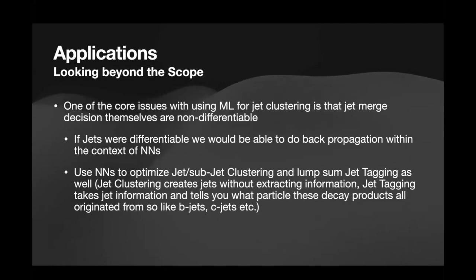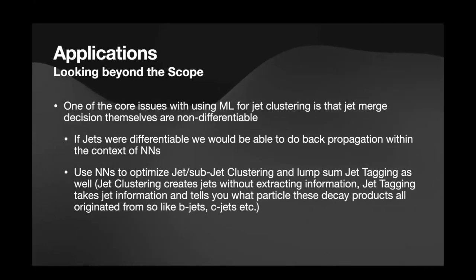If we did have differentiable jets, you could do backpropagation, especially in the context of neural networks, right? Currently we have machine learning algorithms for jet tagging, but you can lump jet tagging together with subjet clustering, right? This allows you to determine information about the particle decay, and you can start tagging B jets, C jets, combining the whole thing into one, which is something that we'd want to do.